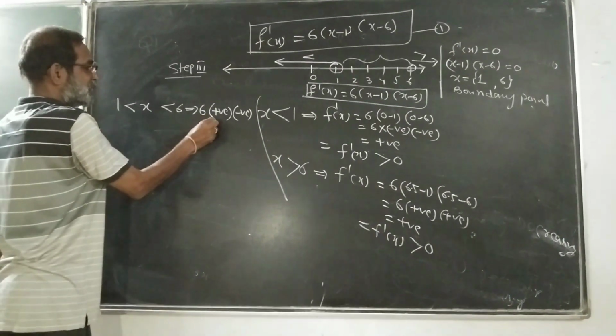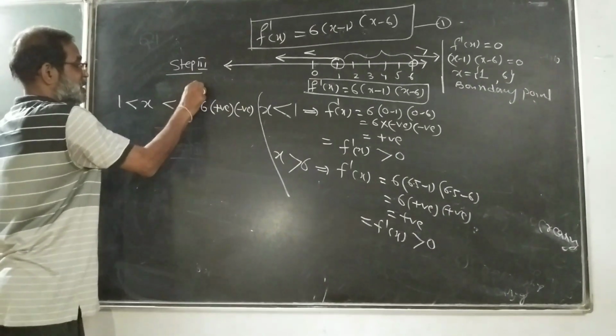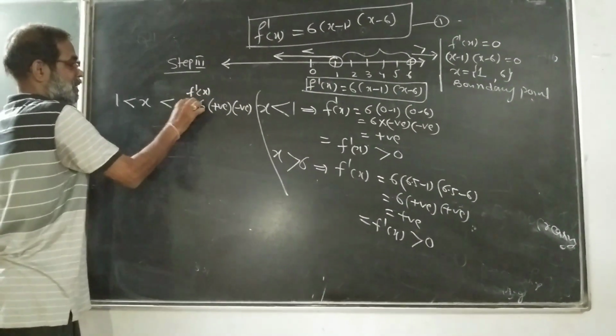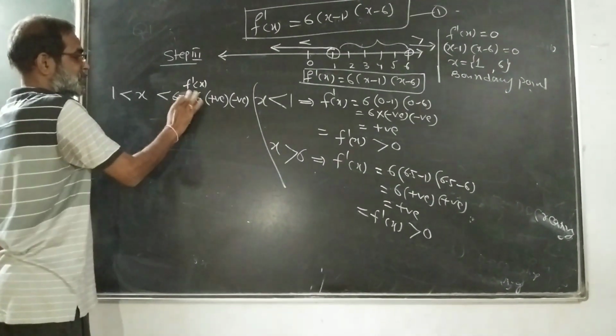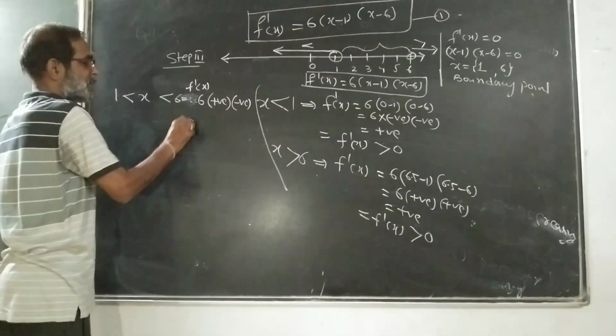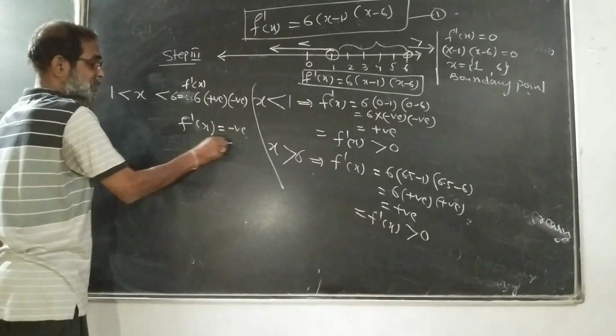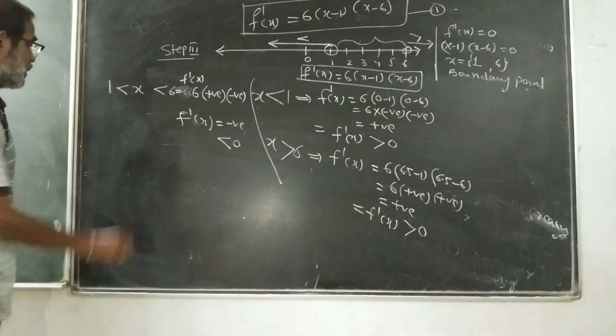So this is positive into negative. So 6 into positive into negative, you can write f dash x is negative, that is less than 0.